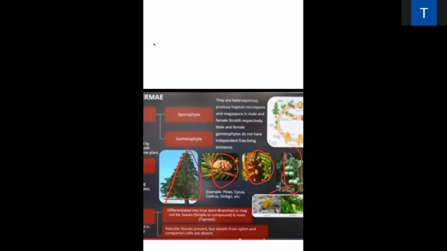Very important: Ephedra, Gnetum and Welwitschia.